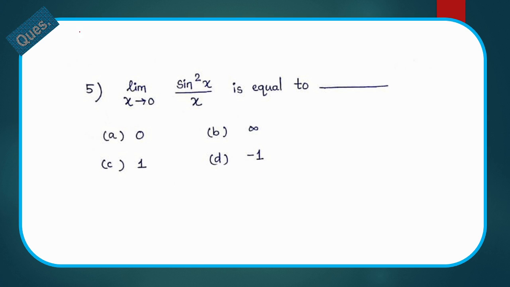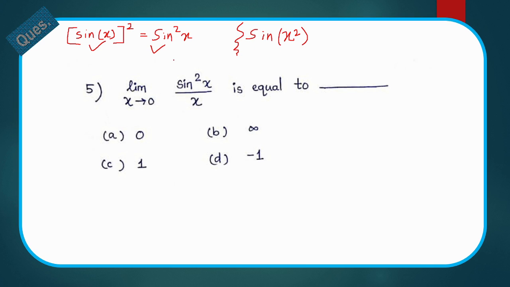For your clarity, I want to just say sin of x whole square we can write as sin square x. These are the same things, but sin of x square is different.